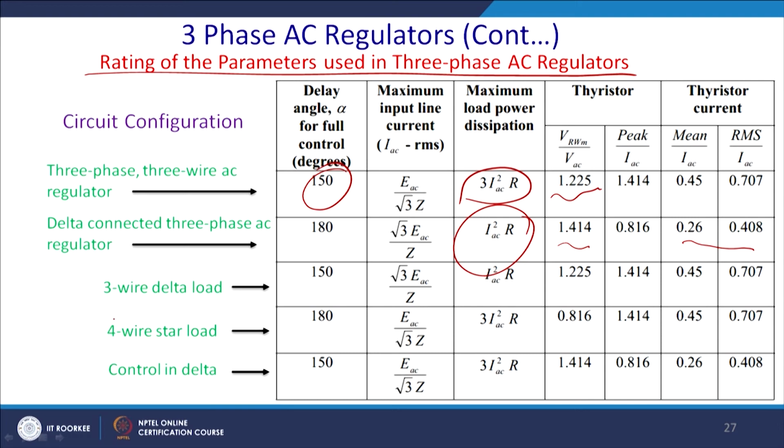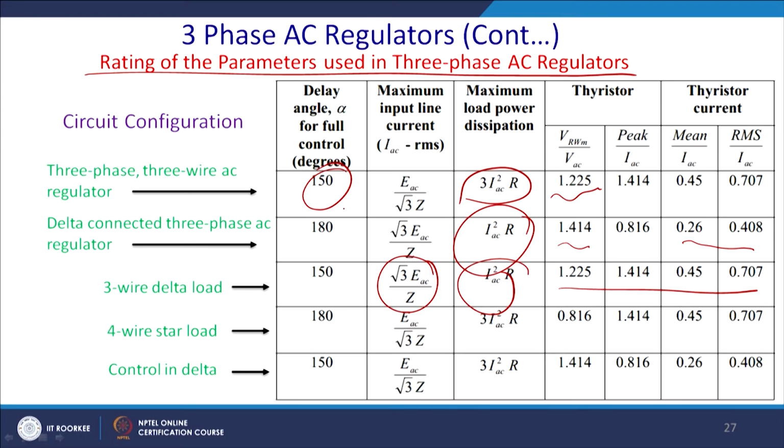Again you can see that for the same delta connected load of the 3 phase system, this value is same, this value is same, this value is same and this value is so. There is no difference between the 3 phase 3 wire AC regulator and the 3 phase delta connected load.